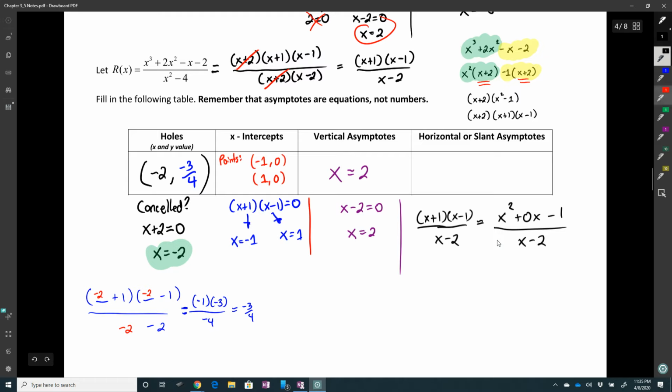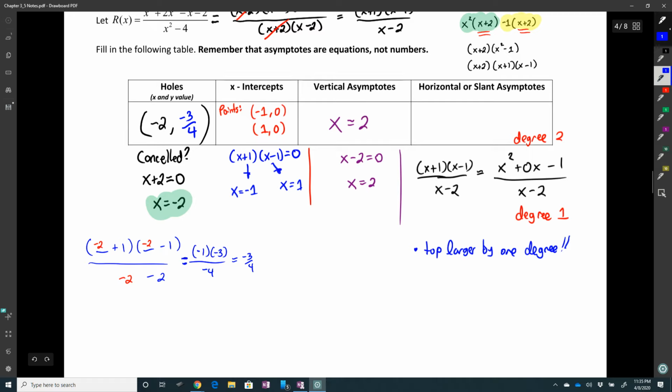And notice that on the top, it's degree 2. On the bottom, it's degree 1. So that means that the top is bigger by 1 degree. So that means that we can, in this case, do synthetic division.